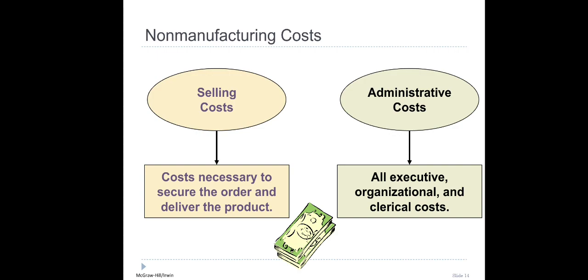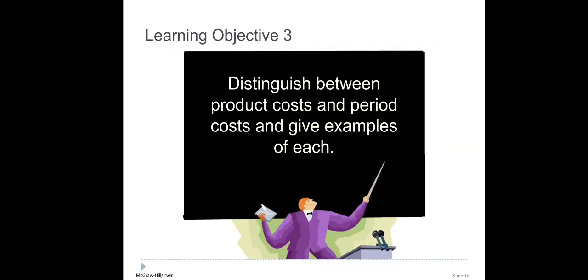Non-manufacturing costs can be categorized into selling costs and admin costs. I have explained about this also in the previous lecture. And then also costs can be divided or categorized into product cost and period cost.